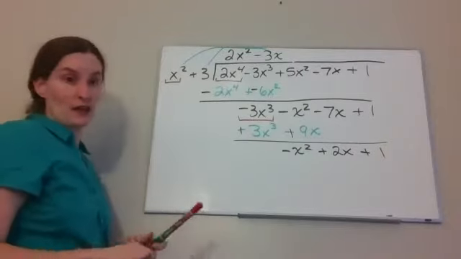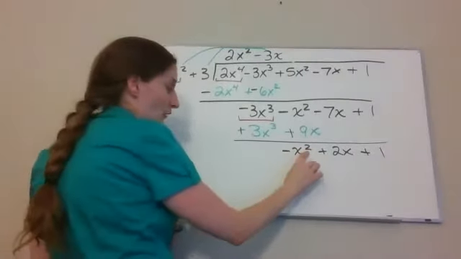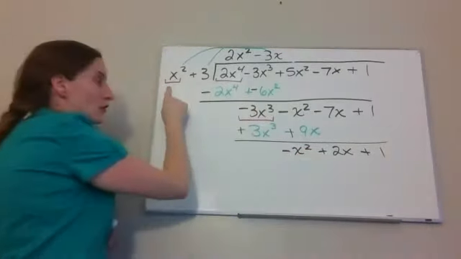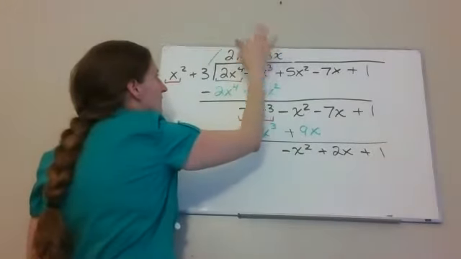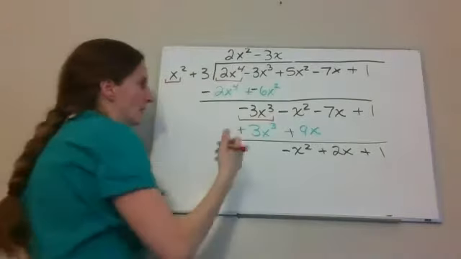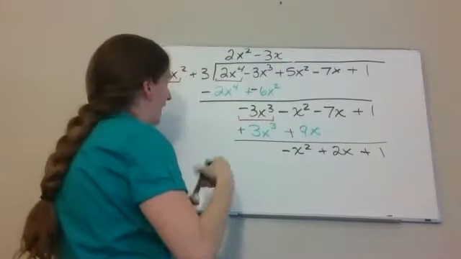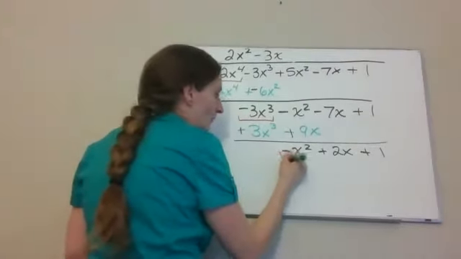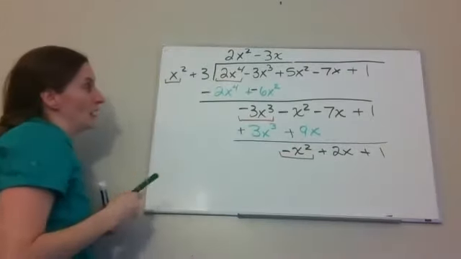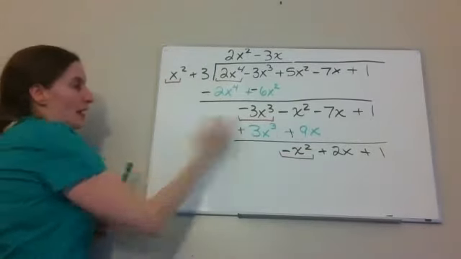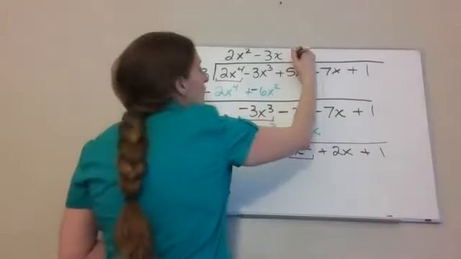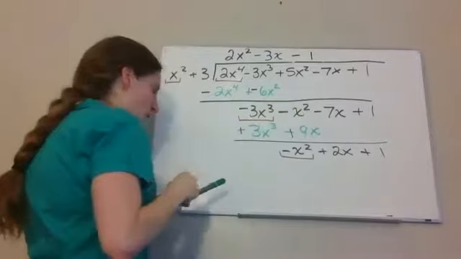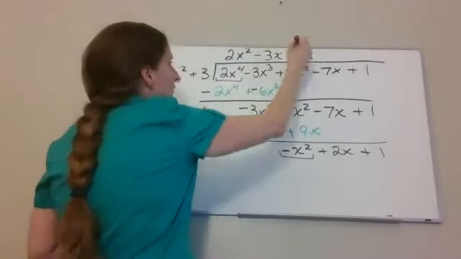And I can do this again because I have a power of 2 down here and a power of 2 in my divisor, so I can keep going. Now I look at this first term. What do I need to multiply my x squared by to get negative x squared? Just a negative 1. So I put down my negative 1, and then it gets distributed.